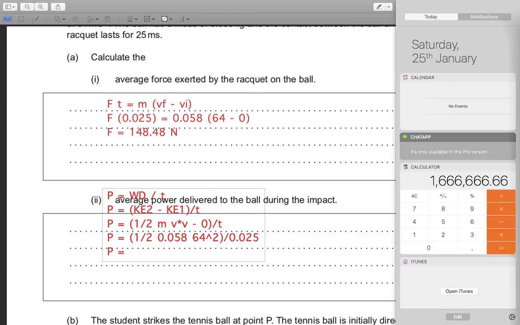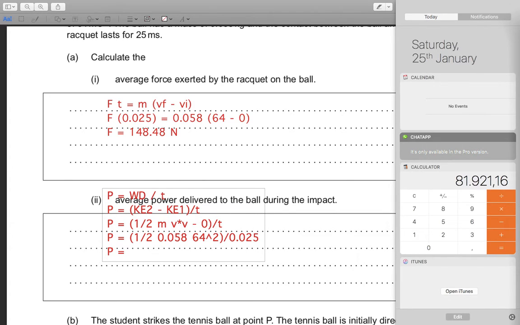If we calculate this, I calculate first 64 times 64 times 0.058 kilogram as mass, divided by 2, and this is the kinetic energy of the final position, and we divide it by time, 0.025.